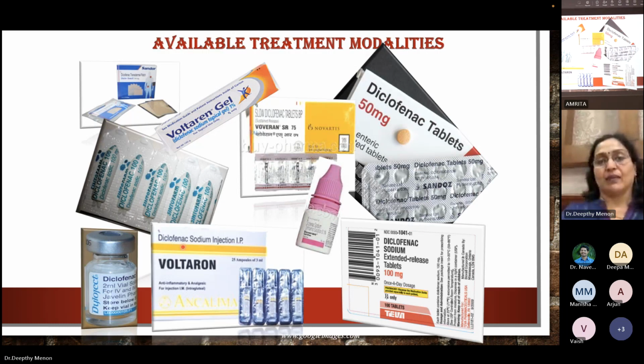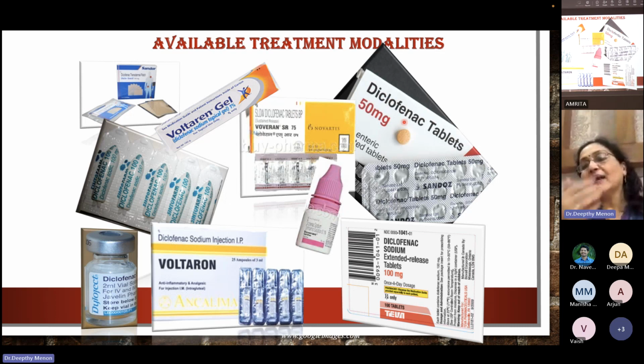In what form? Either as a tablet or as a gel or as a suppository or as an injection or as a patch. You see, a lot of formulations are available. But the most common is the pill. And now you can see extended release formulations are also available.